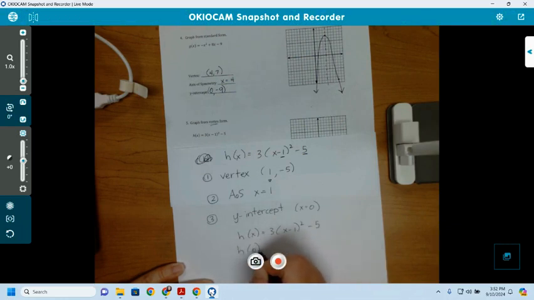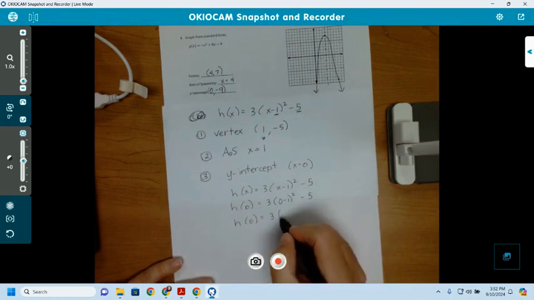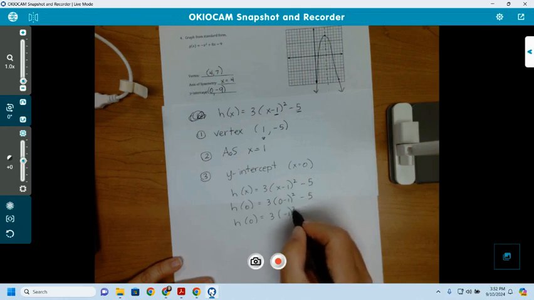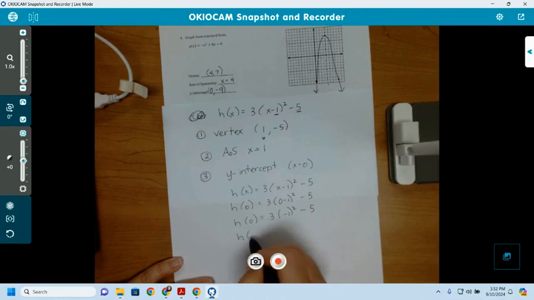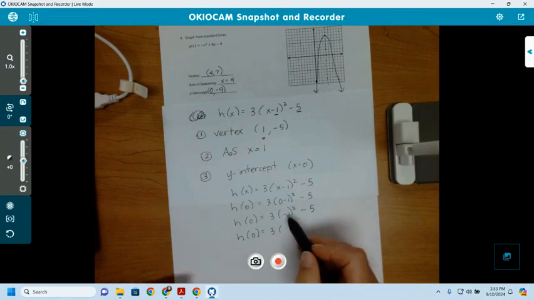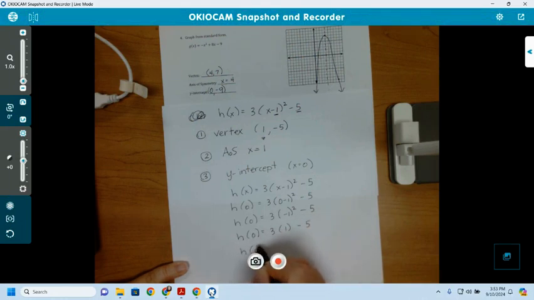So we're finding h of 0 equals 3 times 0 minus 1 squared minus 5. h of 0 equals 3 times 0 minus 1 is -1 squared minus 5. h of 0 equals 3 times -1 squared, which is -1 times -1, which equals 1, minus 5. h of 0 equals 3 minus 5, which is -2.